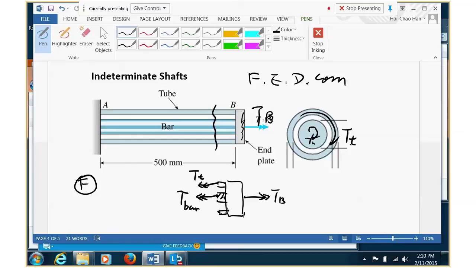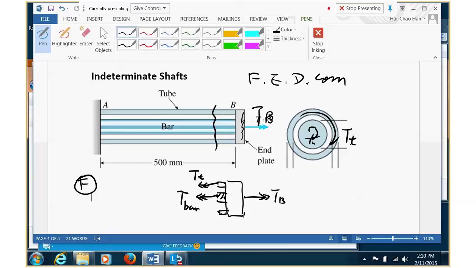Is there ever going to be a case where the torque isn't symmetric? What do you mean by symmetric? When you rotate a cylinder, you're going to apply a torque on the cross section. So the torque will be this way. Is there ever a case where it's not coming from the center?